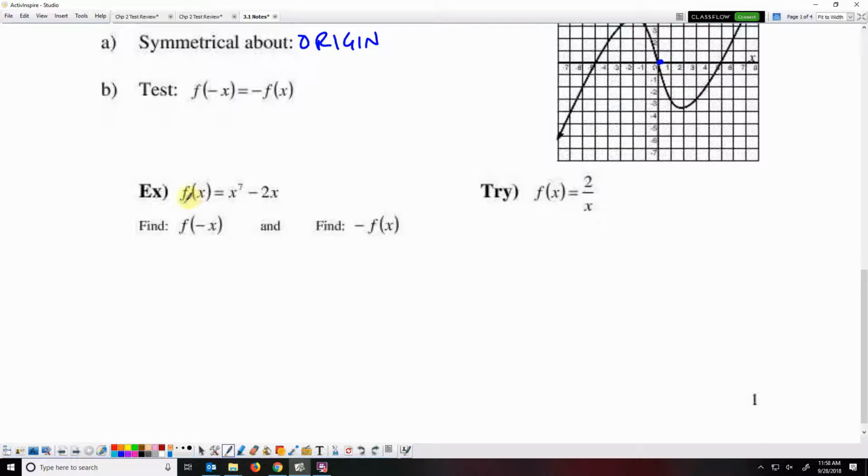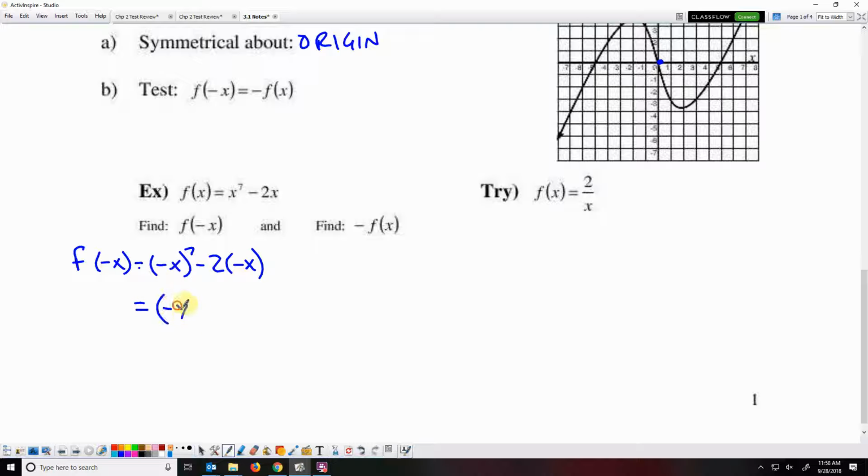So for this function right here, I have to check what f of the opposite of x equals. So f of the opposite of x is negative x to the 7th power minus 2 times negative x. Now, negative x to the 7th power, that's an odd power. That will not cancel that negative.